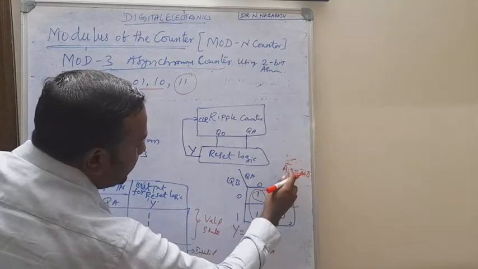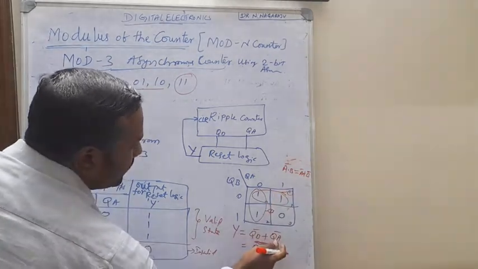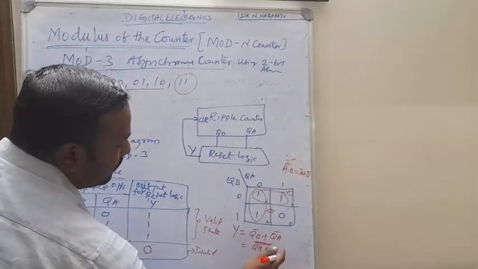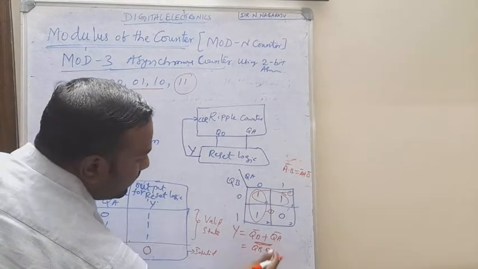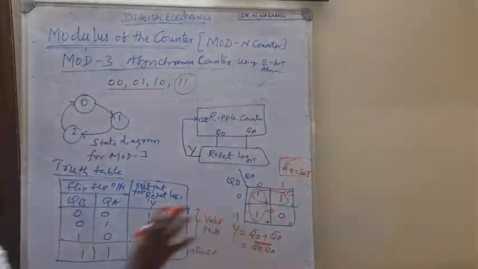So here A bar plus B bar, QB bar plus QA bar, can be written as A dot B the whole bar, that is QB dot QA the whole bar. Okay. This is actually a NAND gate operation, right? Okay, so this is the reset logic circuit.